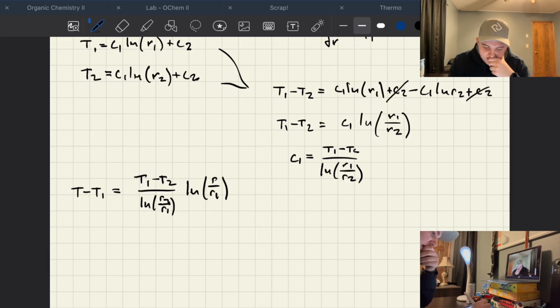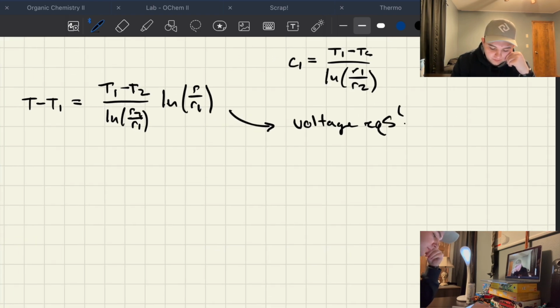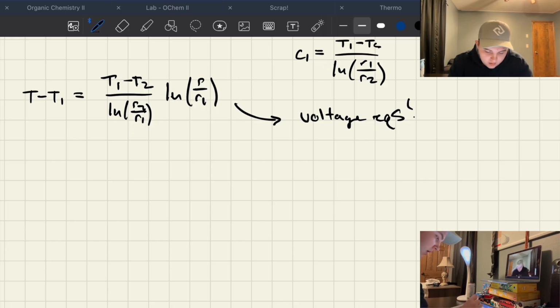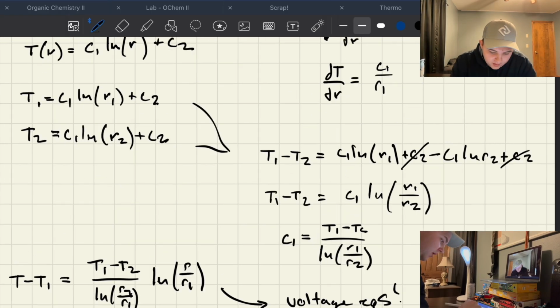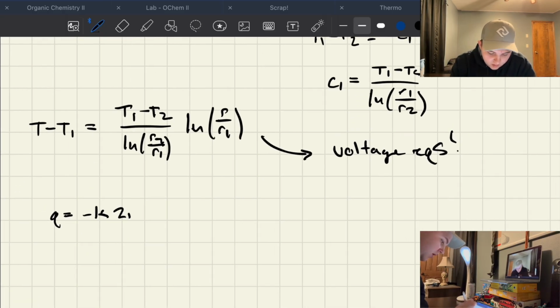Okay, cool. And then this is where our voltage equations come in. So we're going to apply Fourier's law for Q equal to negative K A. And our area is 2 pi R H, so we'll have 2 pi R, and height is not a thing because we're making it 1.